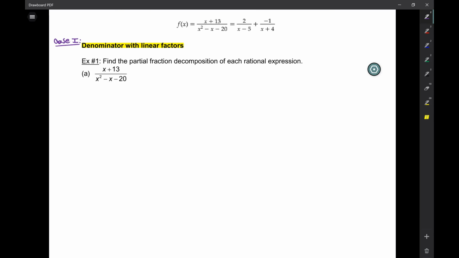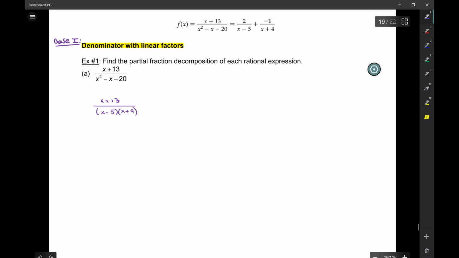What we do first is rewrite it, but factor the denominator. So if you factor the denominator here, we get x minus 5, x plus 4. Do you see that when you factor, you get two linear factors, right?